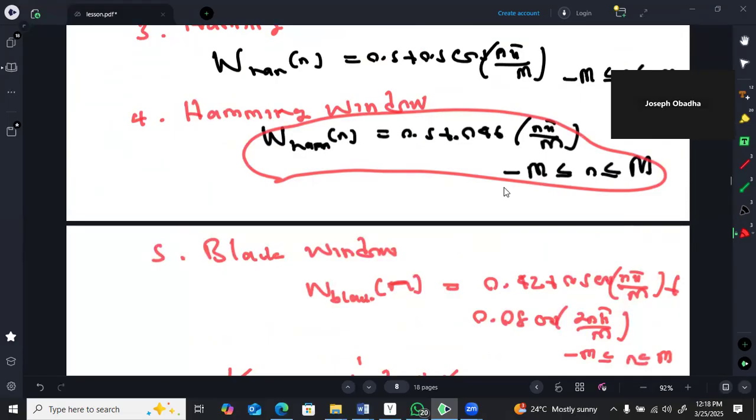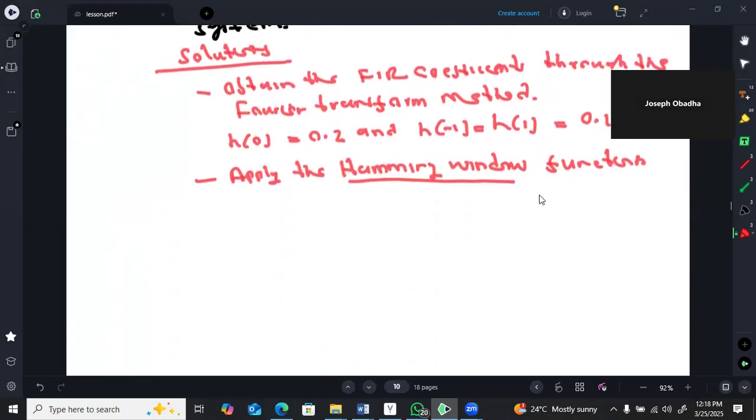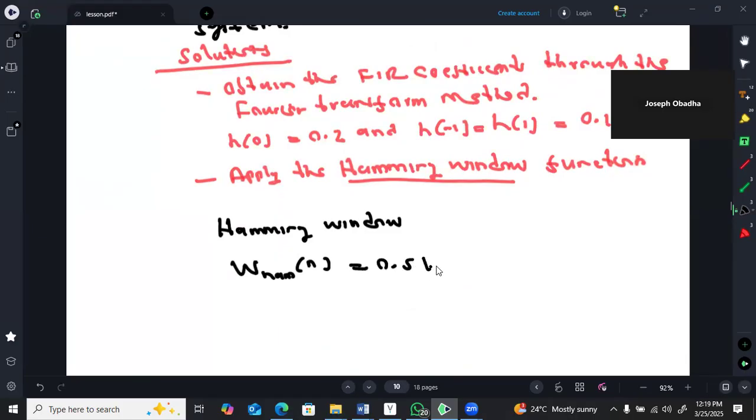So we need to write it down: our Hamming window w_Ham(n) is equal to 0.5 plus 0.46 cos(n pi over M).